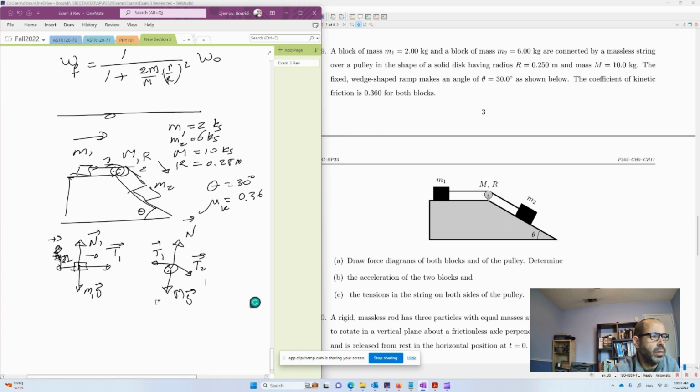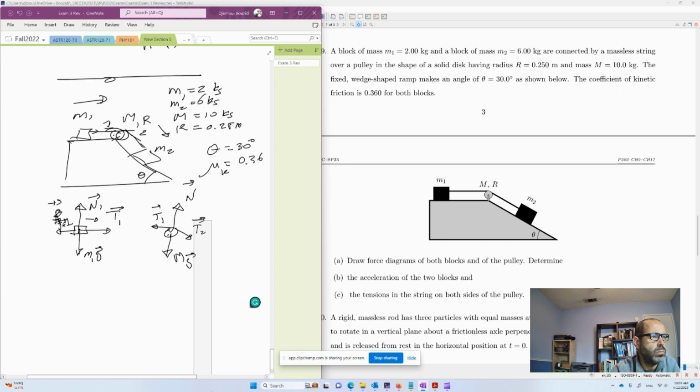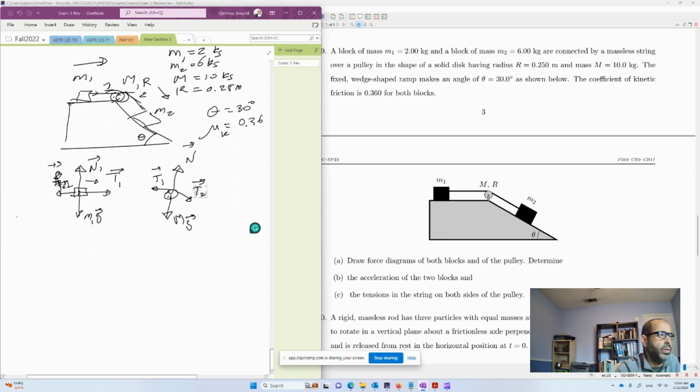Finally, the last one is this incline shape. So I have M1G, or M2G, I'm sorry. I have the normal, which is making an angle, which is N2.